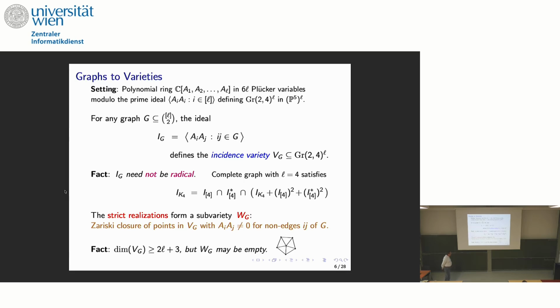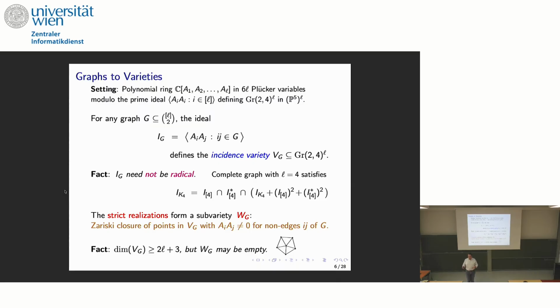Now, W_G can be empty. It could happen that W_G is empty, so let's take this little wheel graph. If I have 6 lines and they look like this, so 5 form a ring and 1 is incident to all the others, then V_G always has dimension 2L plus 3, that's the dimension for the complete graph, right?